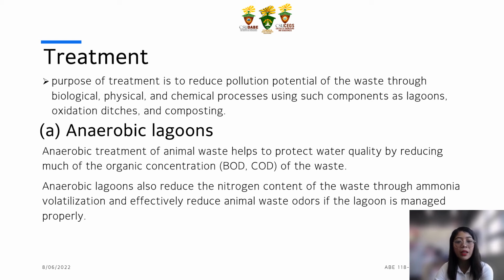Anaerobic treatment of animal waste helps to protect water quality by reducing much of the organic concentration, known as BOD and COD, of the waste. Anaerobic lagoons also reduce the nitrogen content of the waste through ammonia volatilization, and effectively reduce animal waste odors if the lagoon is properly managed.